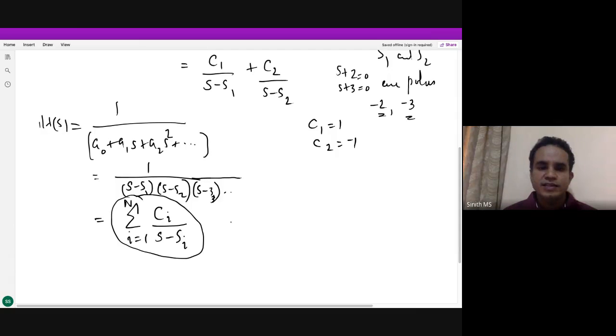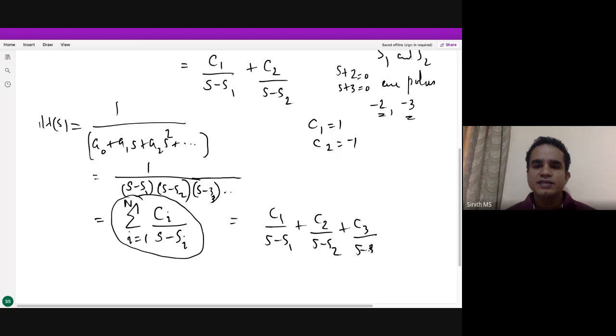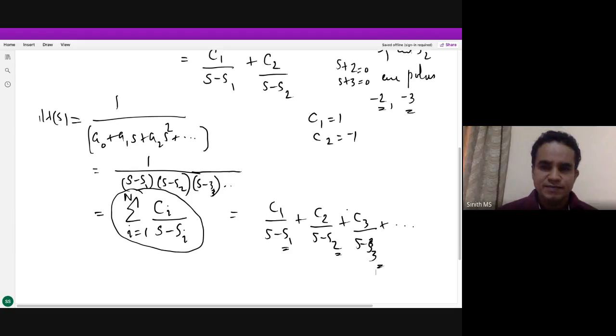So this is basically C1 by s minus s1 plus C2 by s minus s2 plus C3 by s minus s3 plus etc. You can find the poles by equating it as partial fraction and finding A, B, C, D, etc.